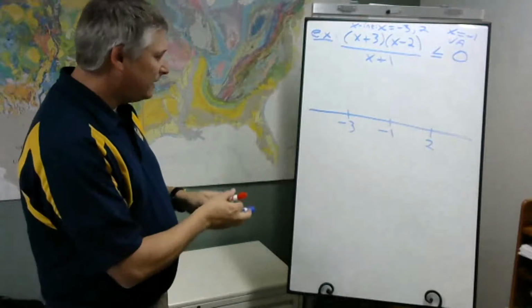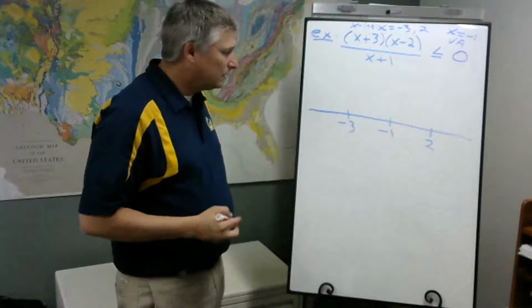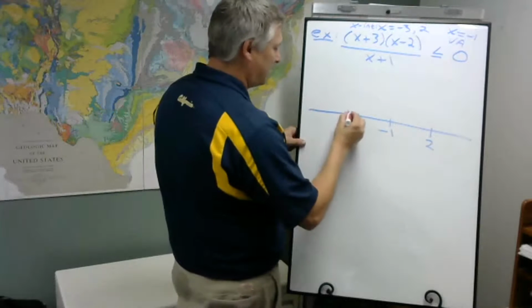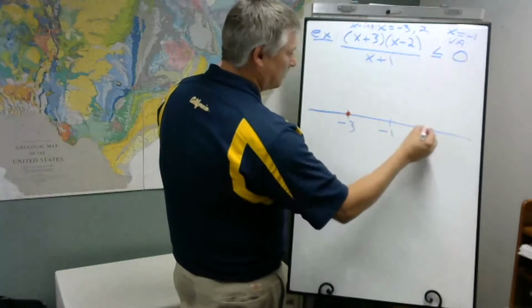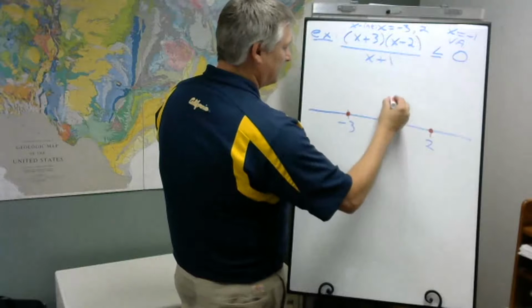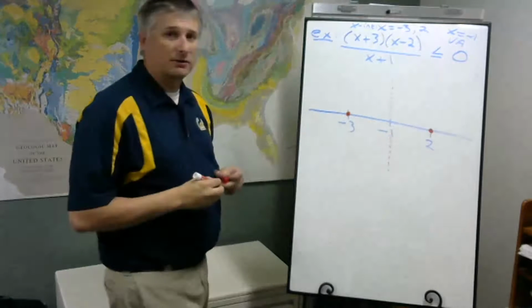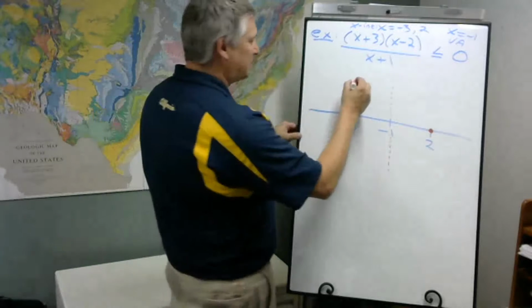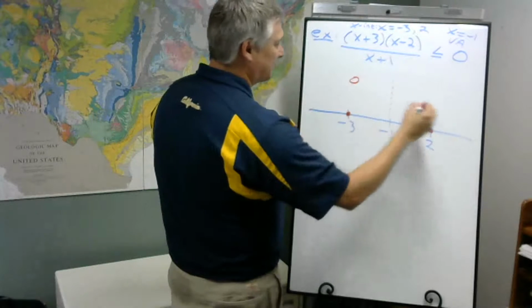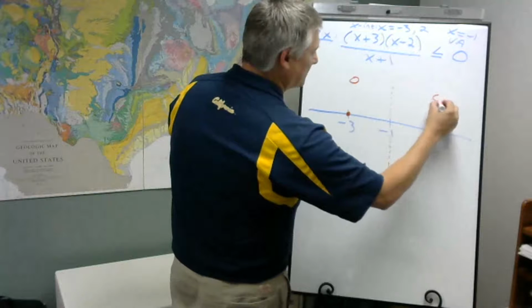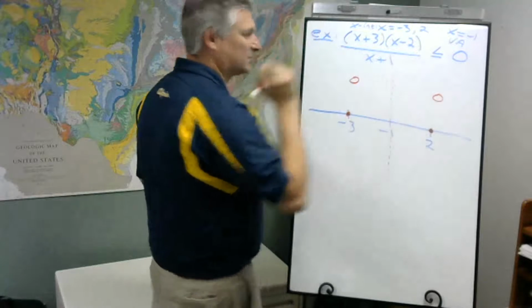So at -3 and 2, we have our x-intercepts. And at -1, we have a vertical asymptote. So the function has a value of 0 here, value of 0 here, and then the vertical asymptote just right there.